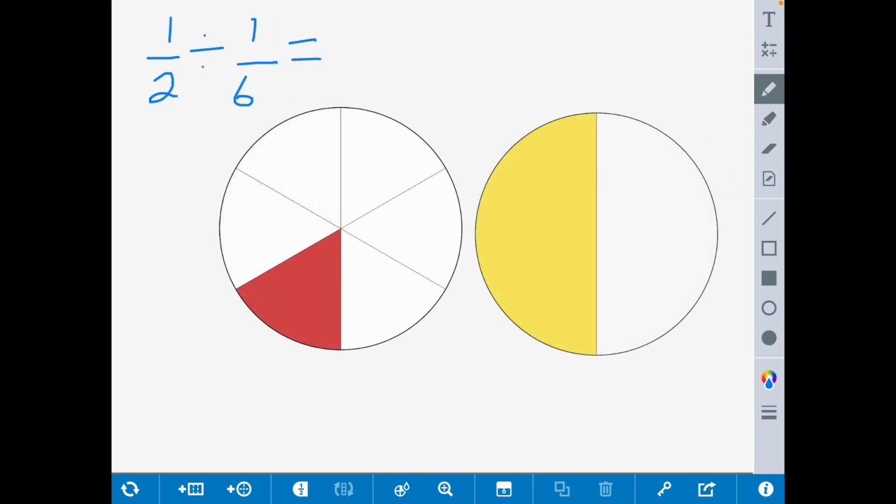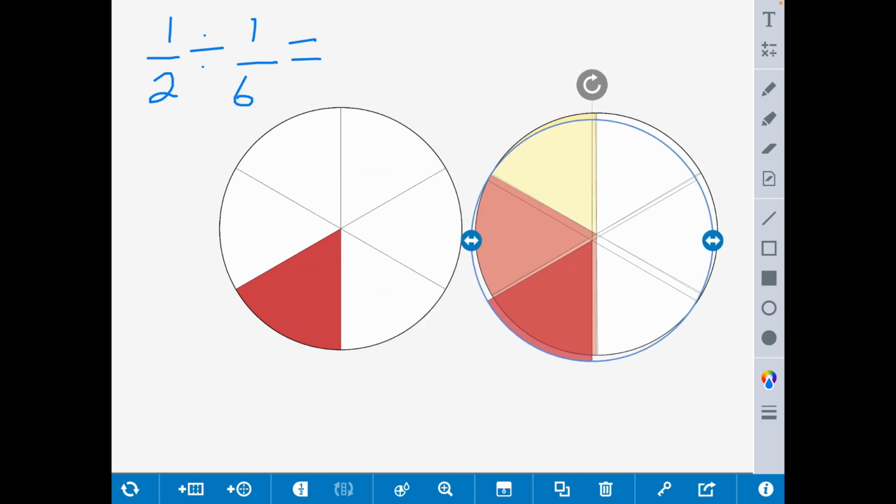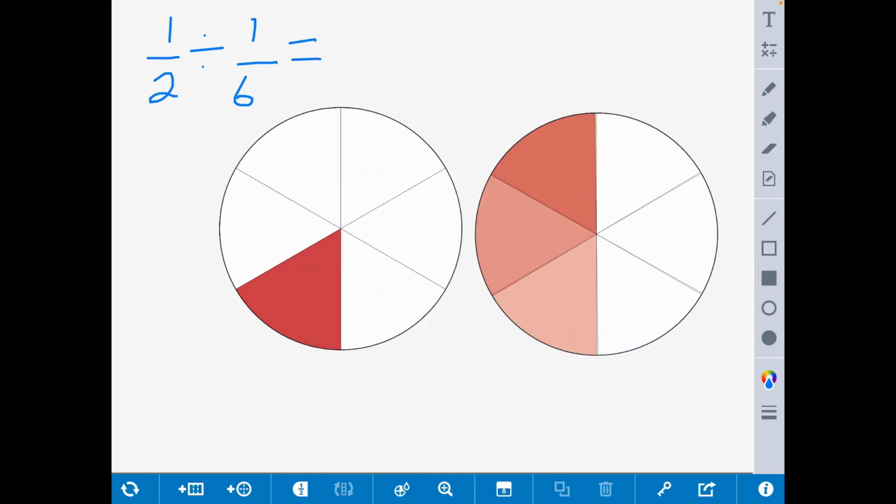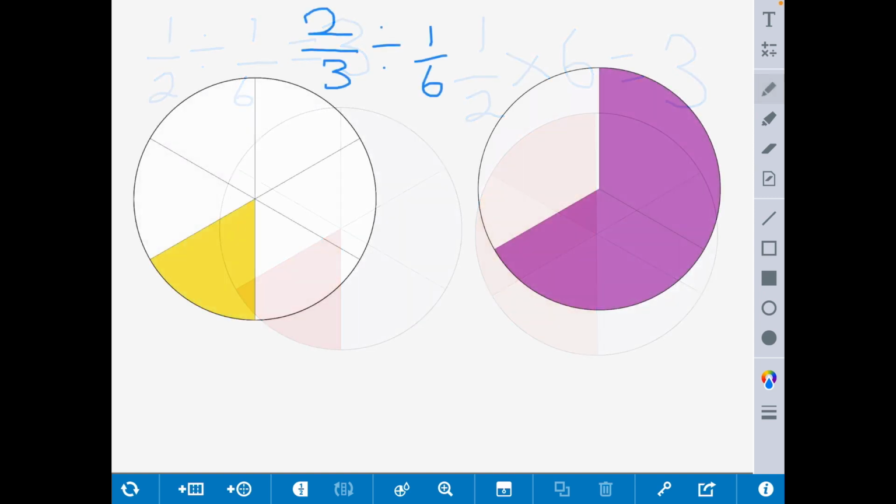Another example, 1/2 divided by 1/6. 1/6 fits into 1/2 3 times. And 1/2 times 6 equals 3. In this example, we're going to up the complexity a little bit. We're going to have 2/3 divided by 1/6. So we've got a 2 on the top.